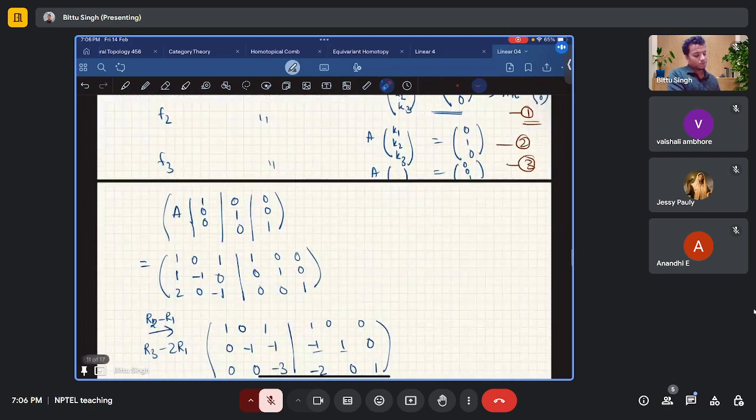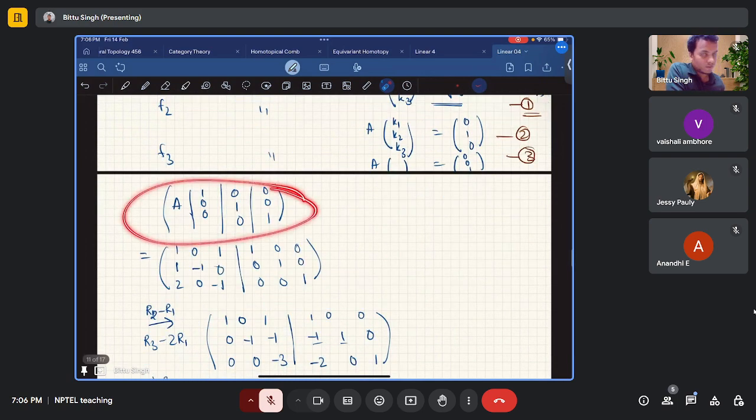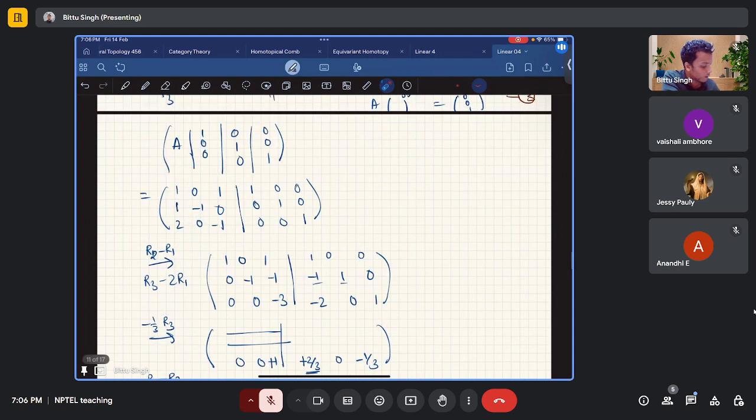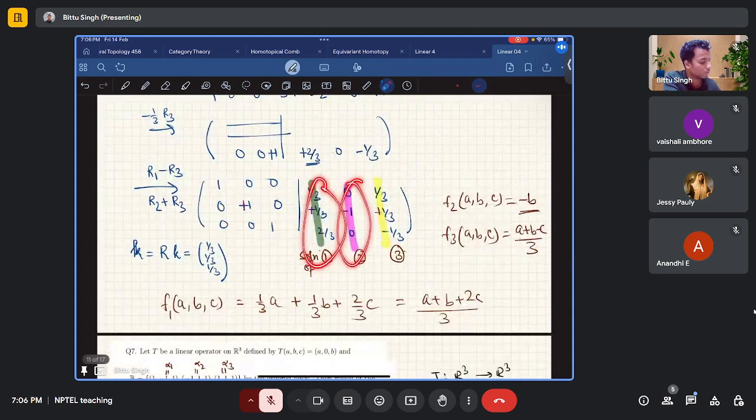So you can start from this step. It is okay to solve those type of MCQ questions. It is okay to start from this step and simply perform row reduction, so that you get this column. From this column the answer is ready. You don't need to see anything else.